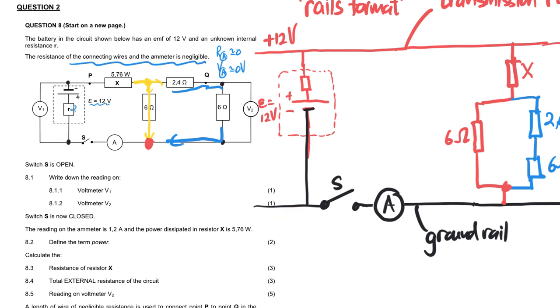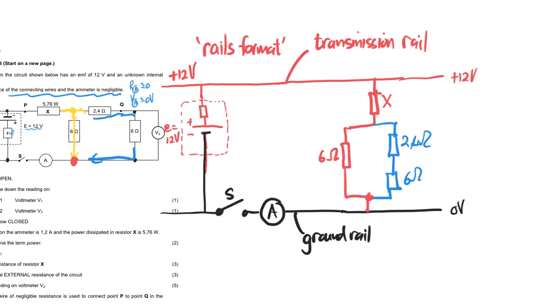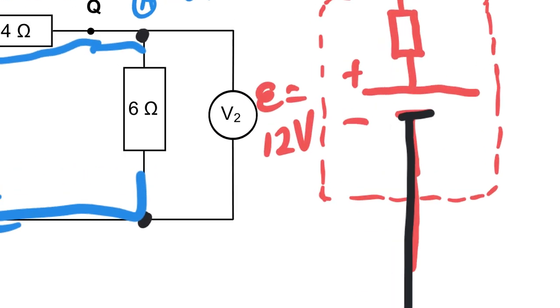Now, in NSC, and IB for that matter, in South Africa, on school level, we assume that voltmeters have got infinite resistance. Now, there's no such thing as infinite resistance, but we assume that they have infinite or near infinite resistance.